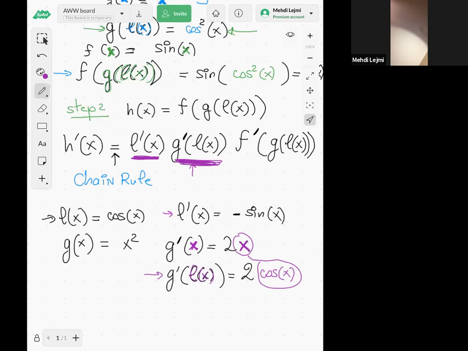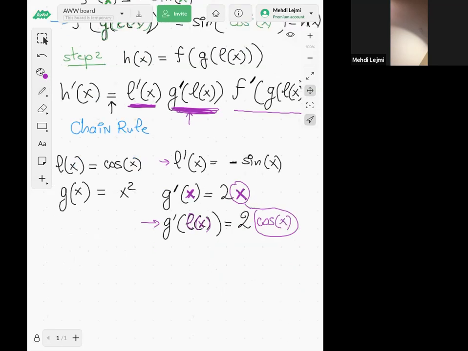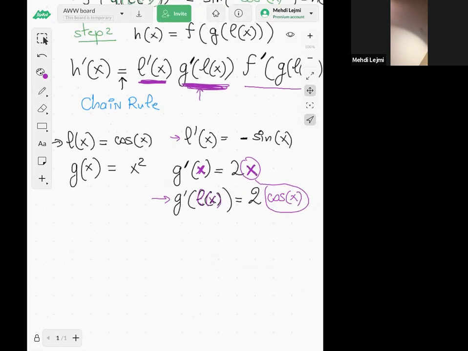Next, we need f prime of g of L of x, right? So we need f prime, but not just f prime of x. We need f prime of g of L of x. So what's f prime? Well, f of x is the sine of x. That's the first function.